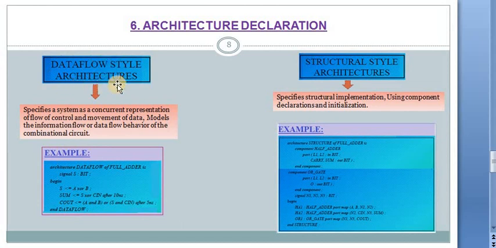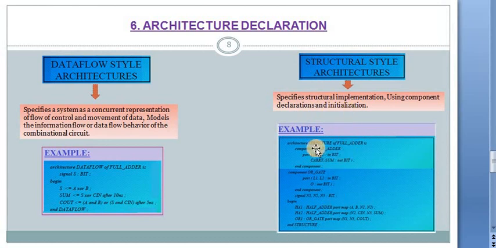So now let's discuss what is the structural style of architecture declaration. Now the structural style is that which specifies the structural implementation of the code. So what that means is that it defines the structural implementation using component declarations and initialization. So let's discuss this concept with an example.